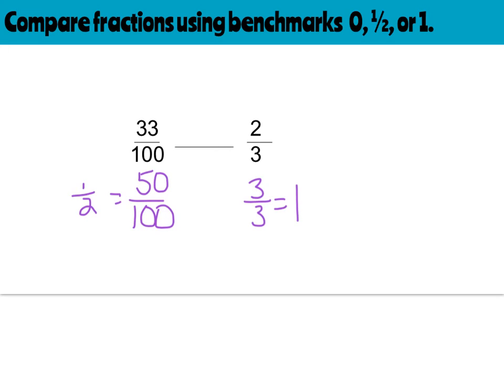So from that, I am able to identify that 33 hundredths is less than 2/3, because 33 hundredths is less than 1/2, and 2/3 is greater than 1/2, as it's almost 1 whole.